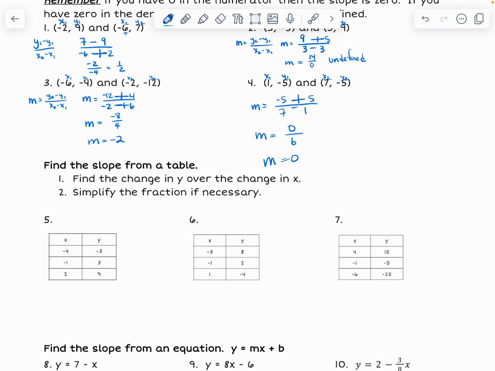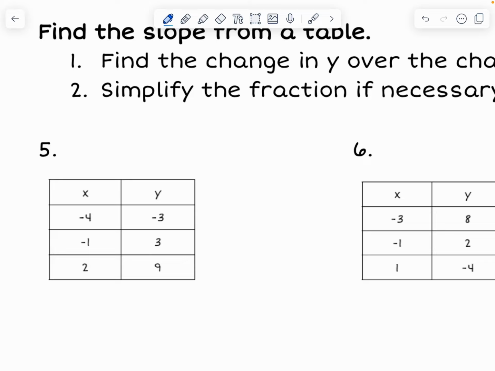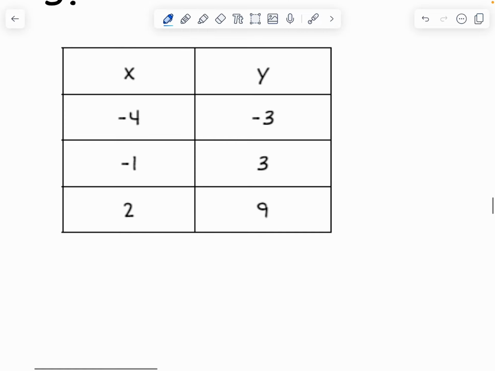So then, if I have a table, we find the change in y over the change in x. So I'm going to come from here to here. How did we get from negative 3 to positive 3? We added 6. How did we get from negative 4 to negative 1? We added 3.